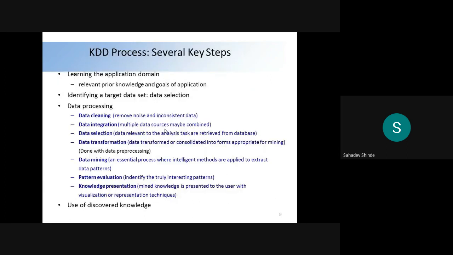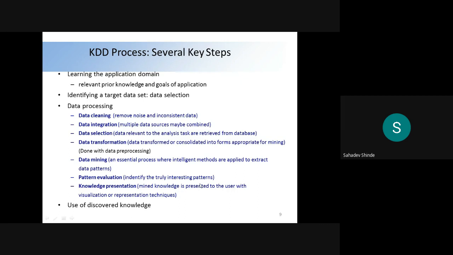Now here you can see the KDD process and the several key steps in it. These are the steps we are going to follow in the KDD process: learning the application domain, relevant prior knowledge and goals of the application.